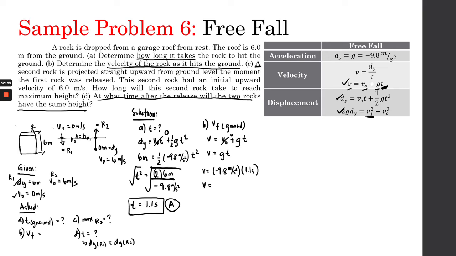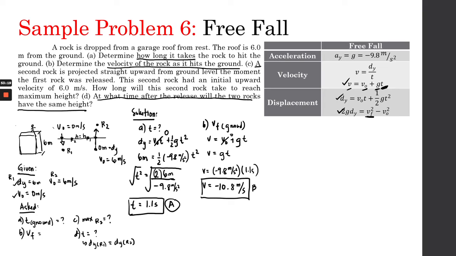So the velocity of the rock as it hits the ground is equal to negative 10.8 meters per second. Quite easy, right? So that's the velocity of rock 1 as it hits the ground.